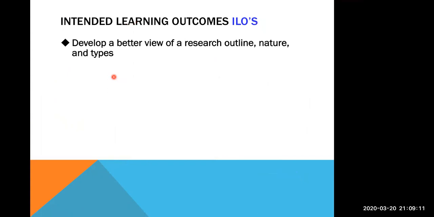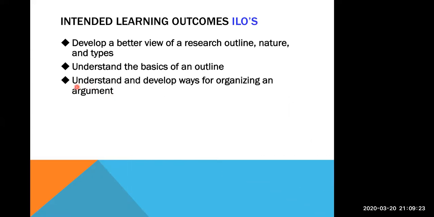In this slide, the major intended learning outcomes are listed as follows. By the end of this session, you will be able to develop a better view of a research outline, nature, and types. And you'll be able also to understand the basics of an outline, to understand and develop ways for organizing an argument which is considered as most significant for writing any research paper.